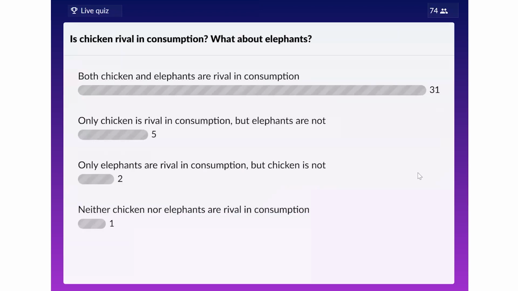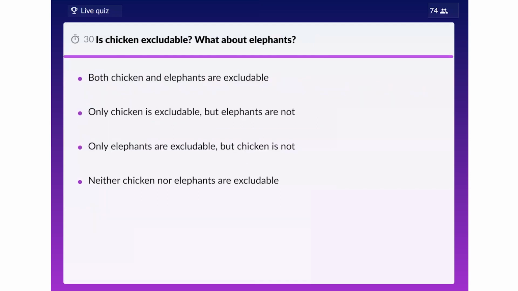Your answer is correct. Both chickens and elephants are rival in consumption. And so is chicken excludable? What about elephants?